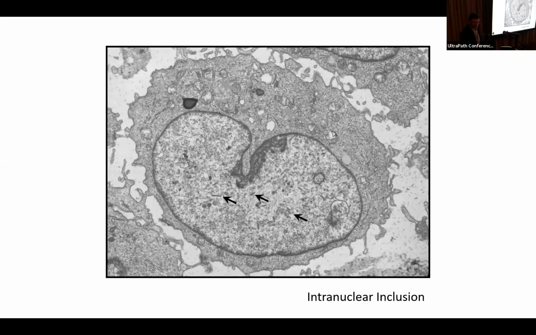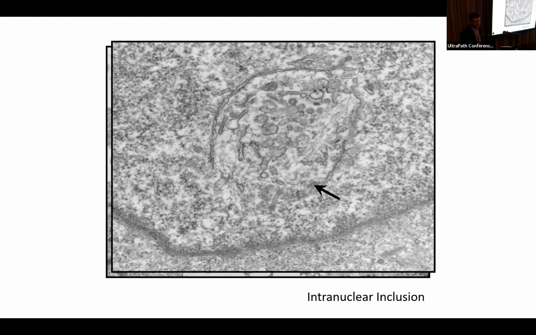But they're shown here. So here you can see what happens is this was a pseudo inclusion that was kind of engulfed, and then that nuclear membrane breaks down, and you can almost see what would be the cytoplasmic organelles just kind of spilling out into the nucleus. So that's one way that can form.